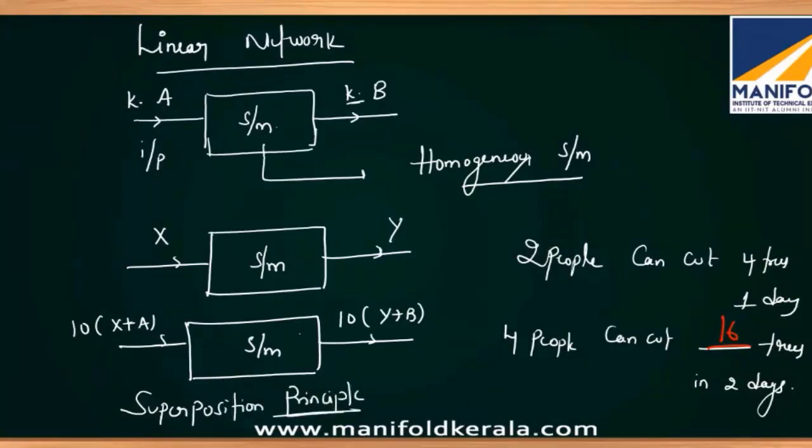Understand? Because that means if you add both the inputs, your output should also be additive in nature. Then it is obeying the superposition principle. So any network, any system that obeys these two laws is called a linear system.